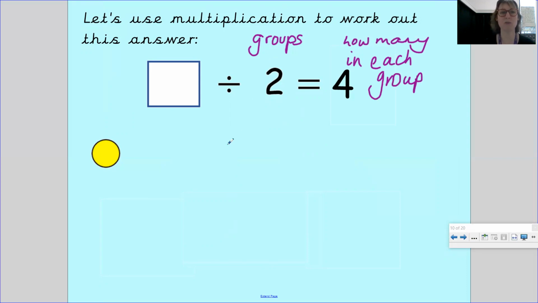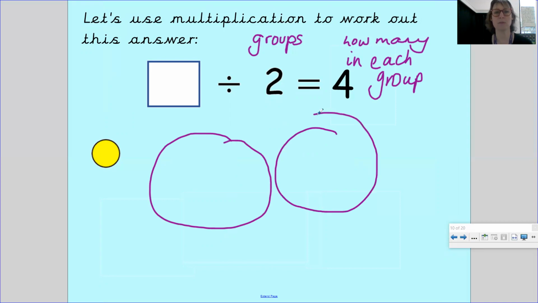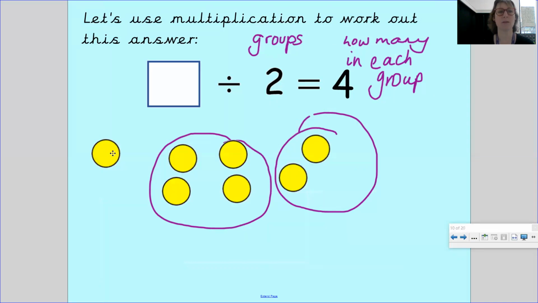So we need 2 groups. There's 1 group. There's 2 groups. And we need 4 in each group. 1, 2, 3, 4 in that group. And we need 1, 2, 3, 4 in that group. So now we can see how many we started with altogether.